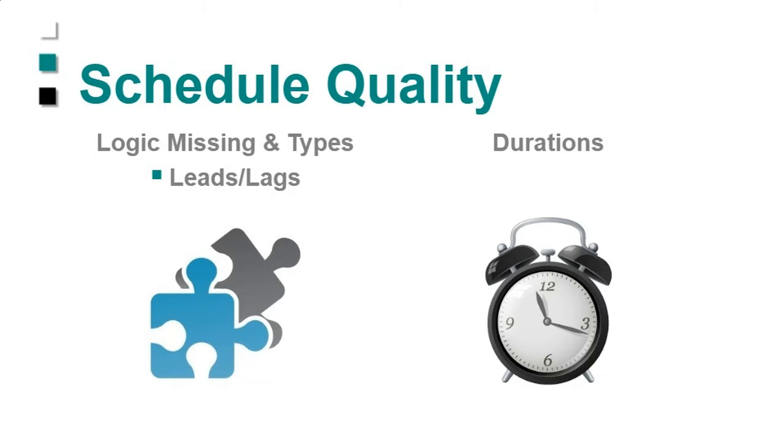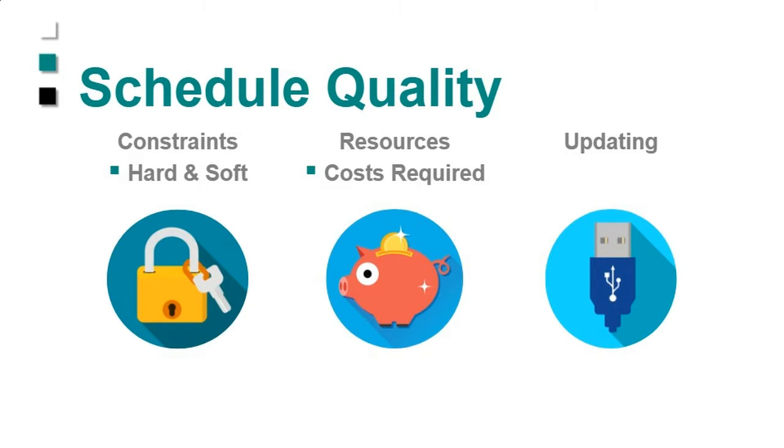That's what we're looking for. In doing that, we're hoping that we have minimal constraints, so we haven't put plugs or constraints all over the schedule. Because if you've done that, you're really working with more of a picture, more of a list, rather than a dynamic critical path schedule. So we're looking for that.